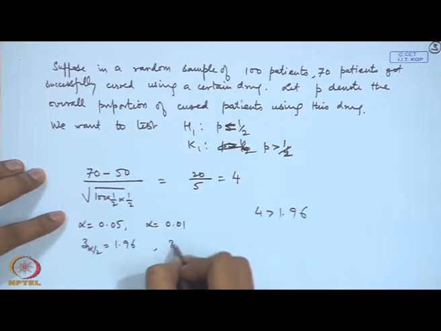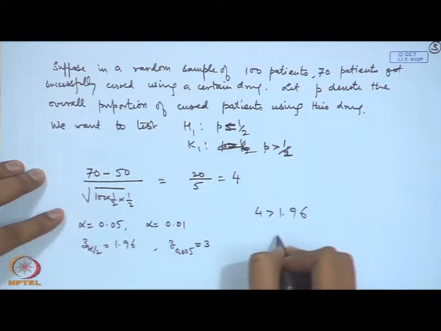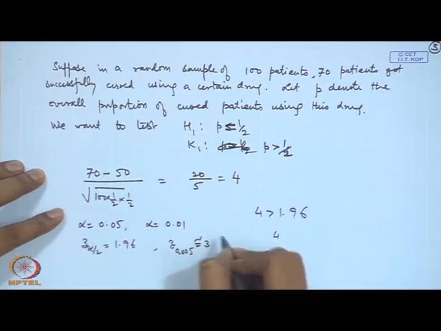Similarly, suppose I say 0.005, then that is still a higher value, it is around 3 or something. So, 4 is greater than approximately 3.